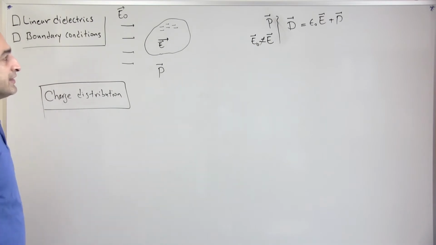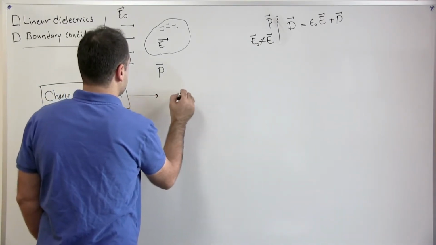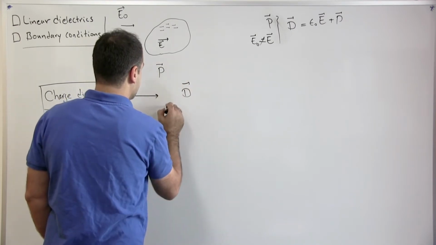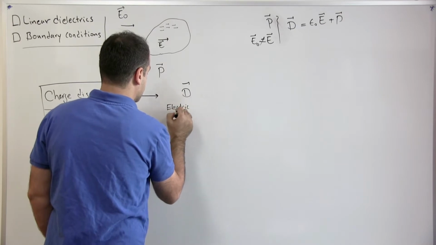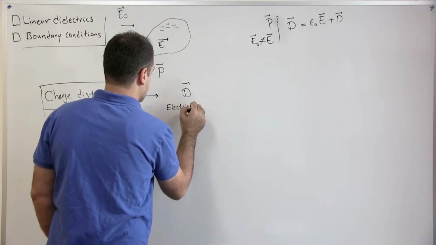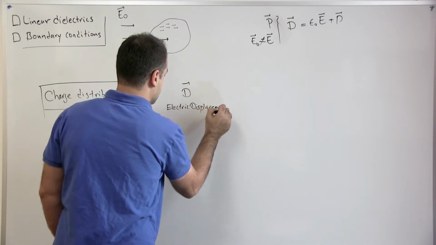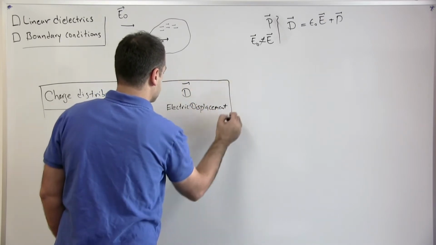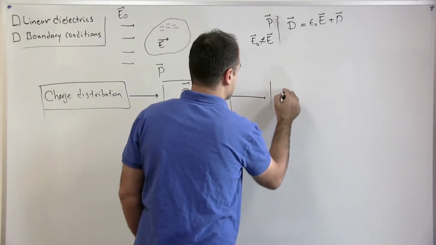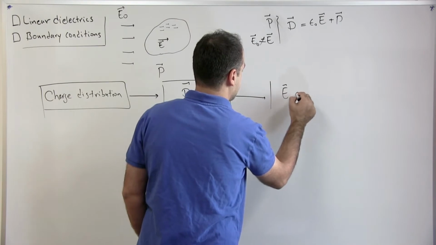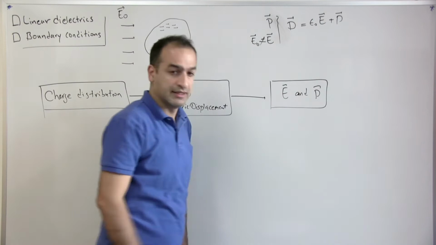But instead of going directly and finding the electric field, what we do is that from the charge distribution, we find D, which is electric displacement. And from D, we can calculate the electric field as well as the polarization vector P.